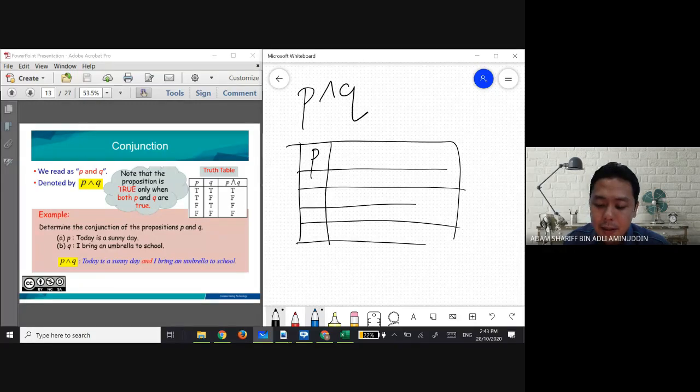First is P and the second is Q. Right now, to ensure that my students give a standardized answer, sometimes students don't put T first. Actually it's not a problem. However, to have a standardized answer, please write TTFF.